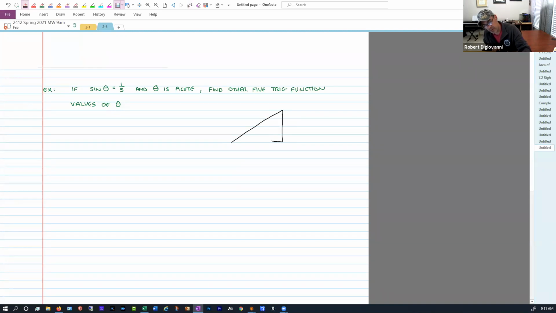Now it doesn't have to be drawn perfectly, just draw your triangle and then pick theta. Theta can either be here or it could also be up here in this corner, but I'm always going to just stick it right here. Okay, and now sine, remember the SOHCAHTOA.